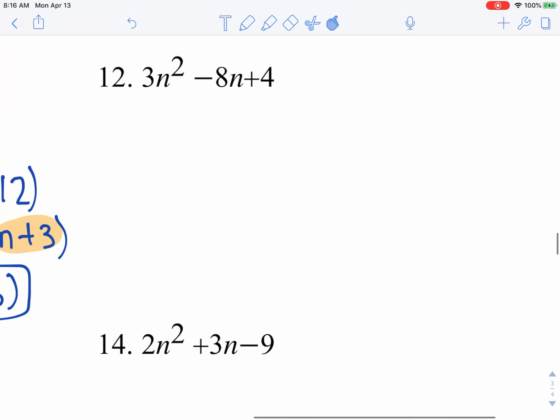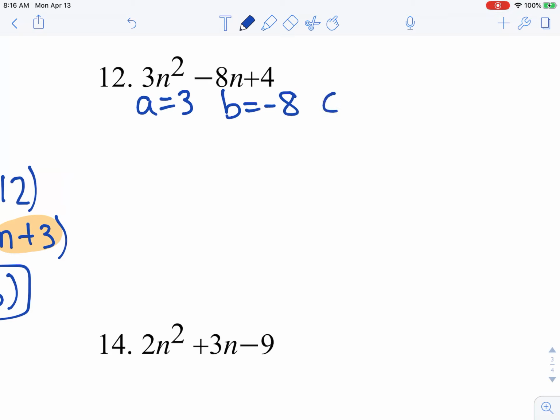Okay, let's try another one. A is 3. B is -8. C is 4. Multiply A and C together.